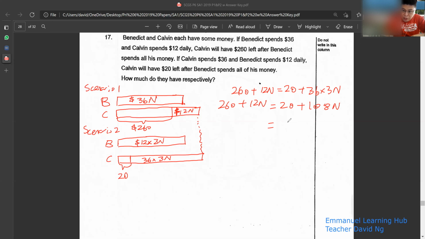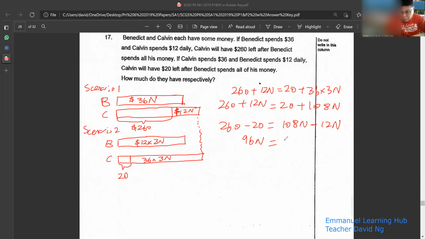So my 12N brought over here is 108N minus 12N, and the 20 brought over to the other side is minus 20, because no sign means positive. So 260 minus 20 is 240, and 108N minus 12N is 96N.